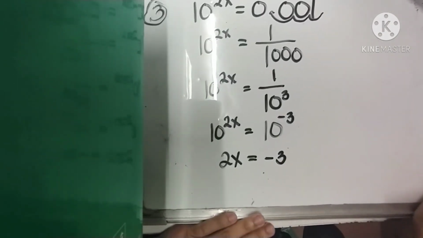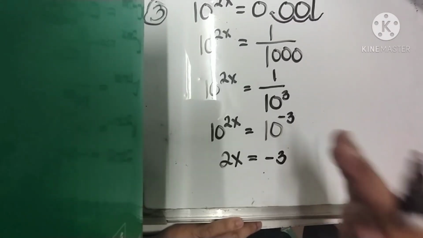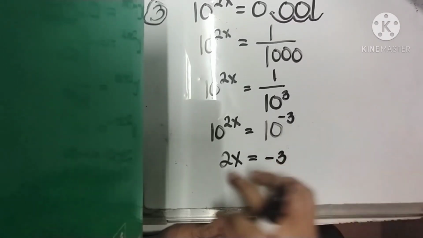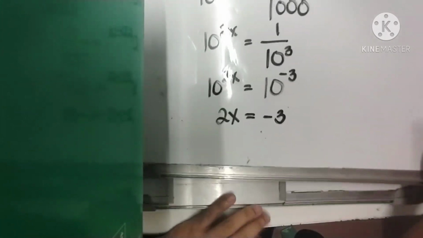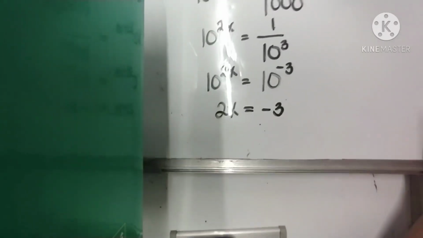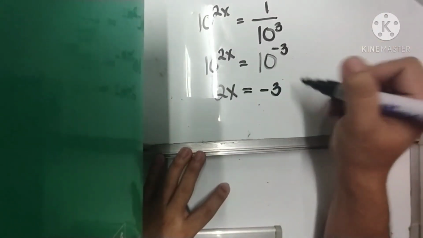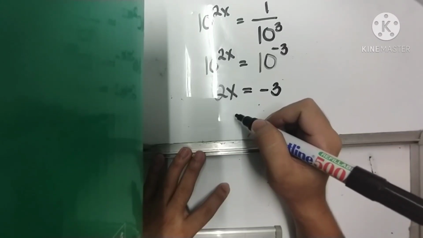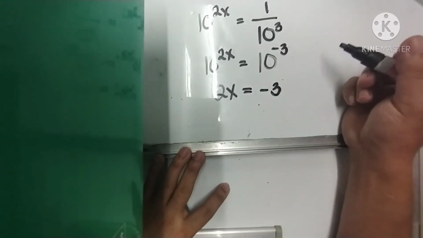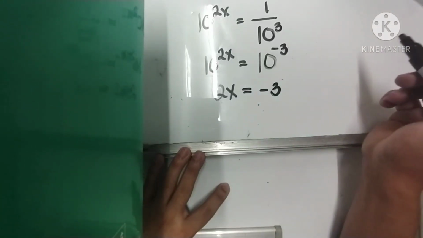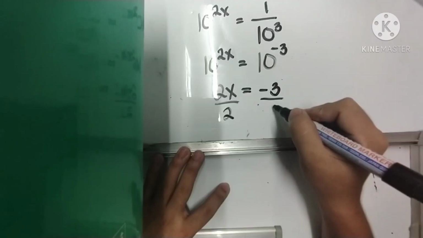Then after this one, we need to solve the resulting equation by finding the value of x. Based on this presentation, what we will do next is find the value of x by applying the division property of equality, or the multiplicative inverse of 2, or divide both sides by positive 2.